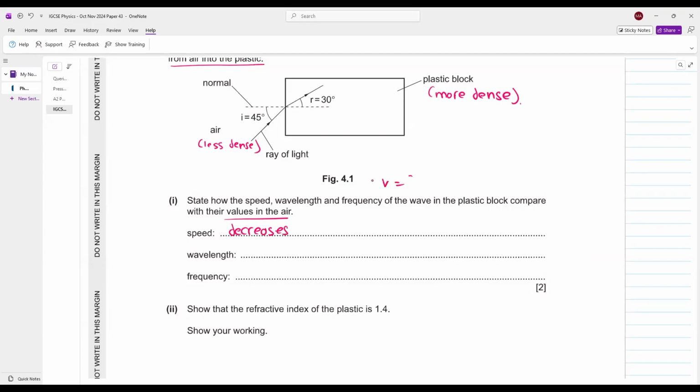And v is equal to f lambda. If your speed decreases, your wavelength will also decrease. What will happen to the frequency? The frequency remains the same during refraction, or whenever you change a medium, your frequency remains the same. Simple as that. Nothing complicated here.